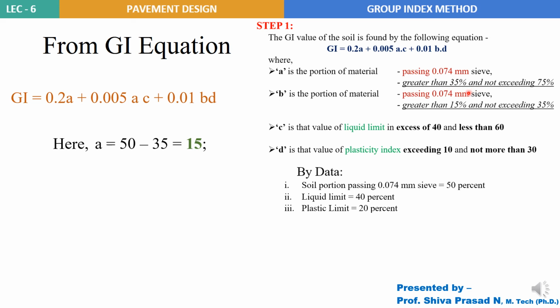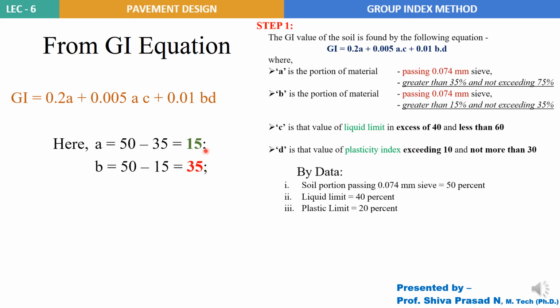So that works out to be 15. So 50 minus 35, which is equal to 15. I'll repeat once again. A is that portion of the given percentage passing value which is in excess of 35%. So by subtracting those two values, I'll get the excess amount above 35% up to 50%. So that works out to be 15%.